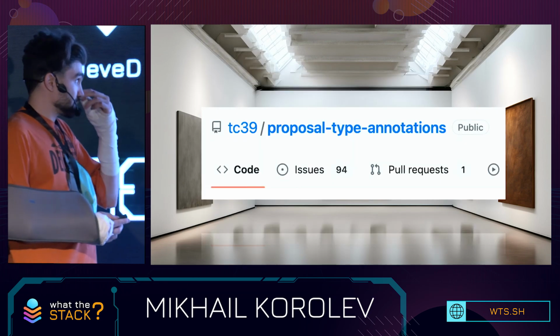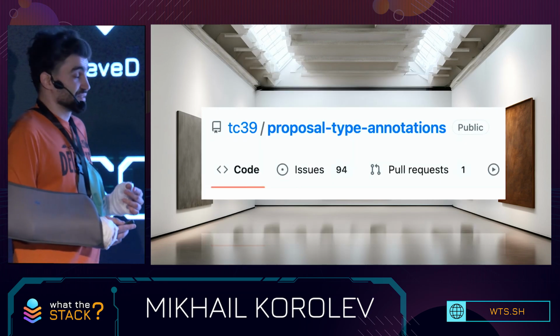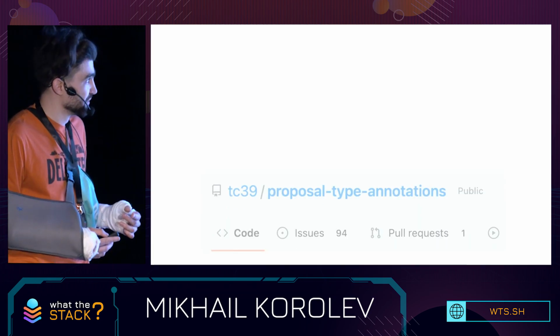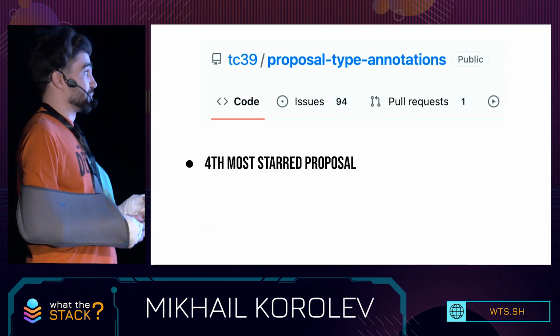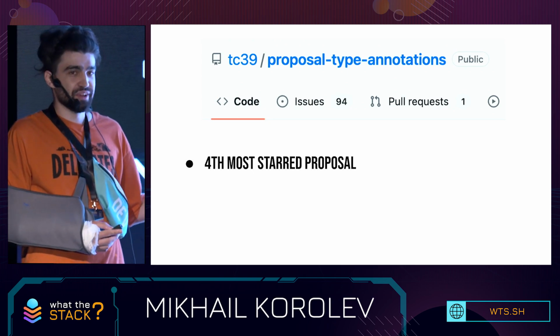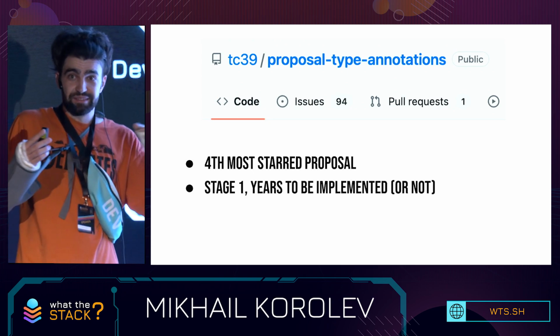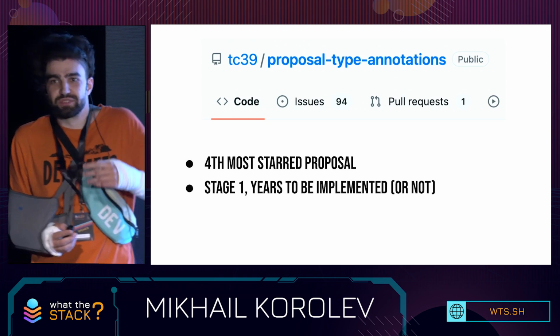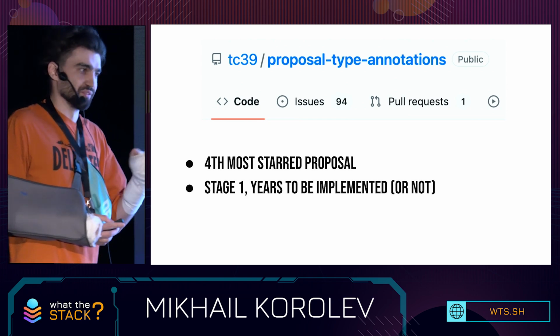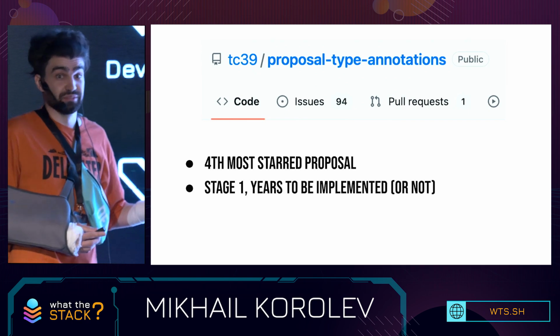Right. Now, this is more from a pure fantasy perspective. This is a proposal, the fourth most starred proposal in the history of TC39, which will bring type annotations, so you write something that is almost like TypeScript, but not quite, and it will run directly in the browser.